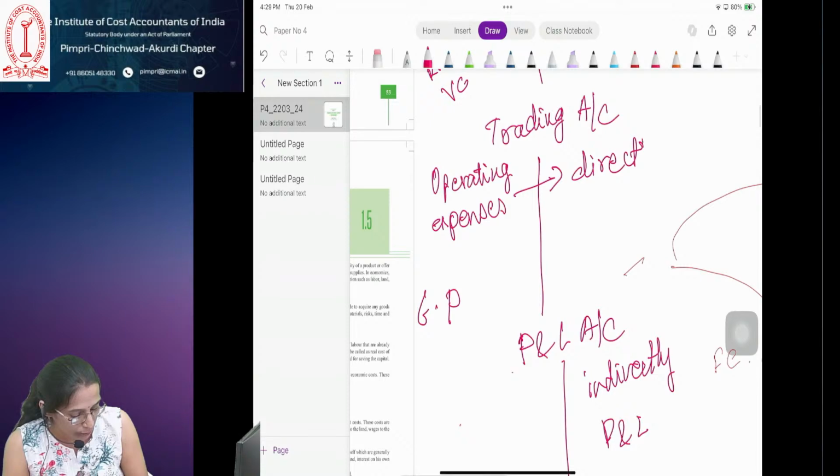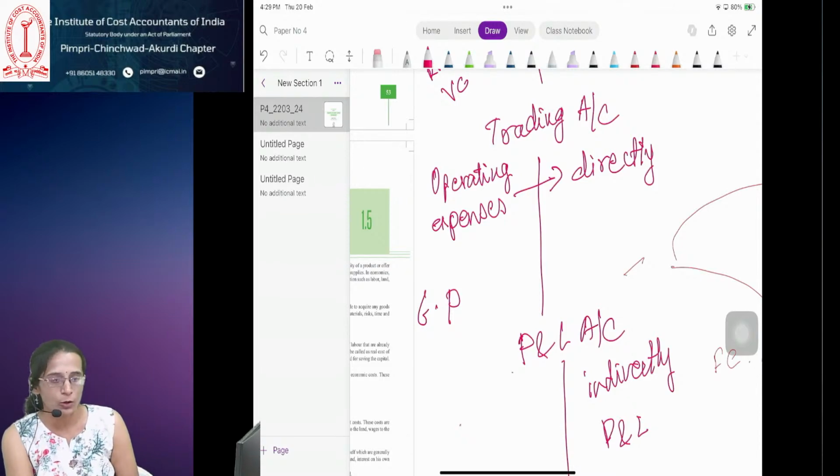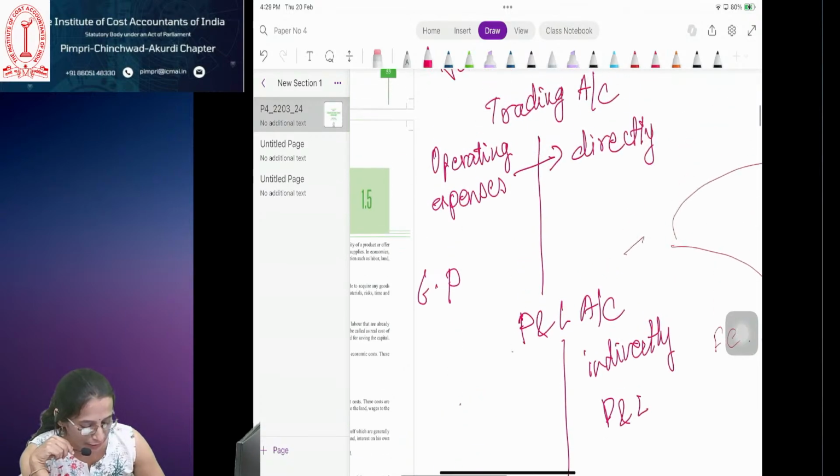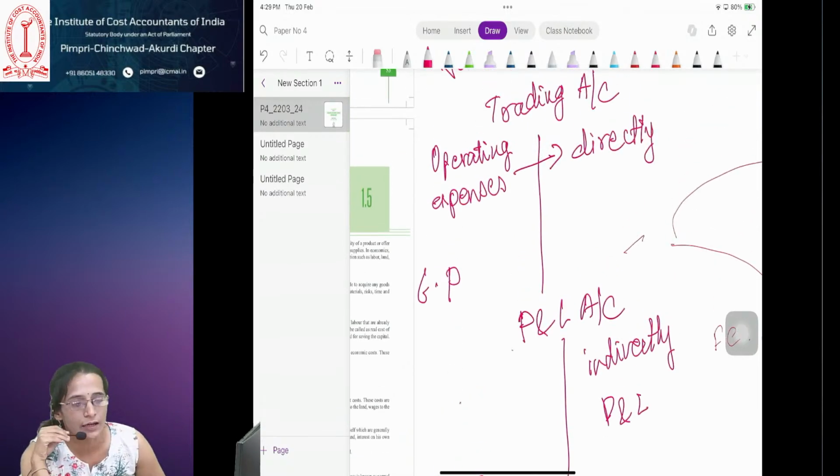So will cost of production include the expenses in the trading account and P&L account both, or only the trading account, or only the P&L account? Any idea?